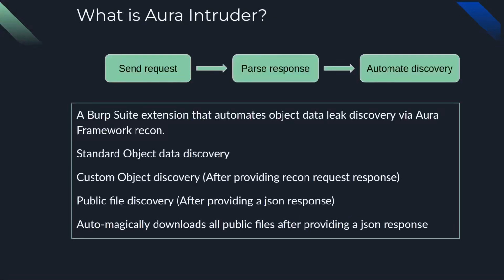What is Aura Intruder? So the TLDR of Aura Intruder is you send an intruder request, parse the response, and automate discovery. In more detail, this Burp Suite extension automates object data leak discovery via the Aura framework Recon, which includes standard object discovery, custom object discovery, and public file discovery.